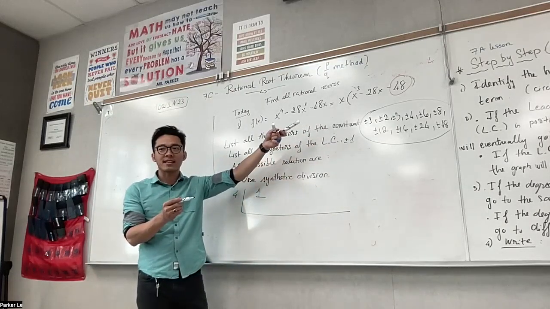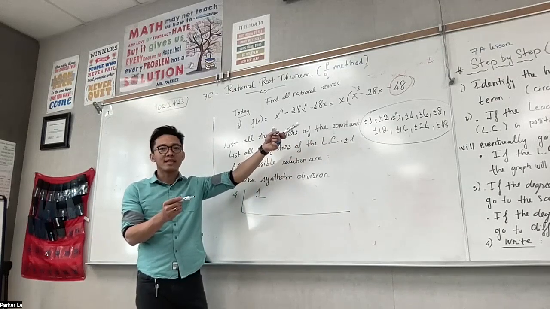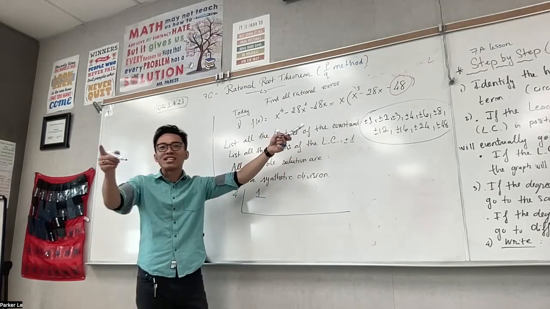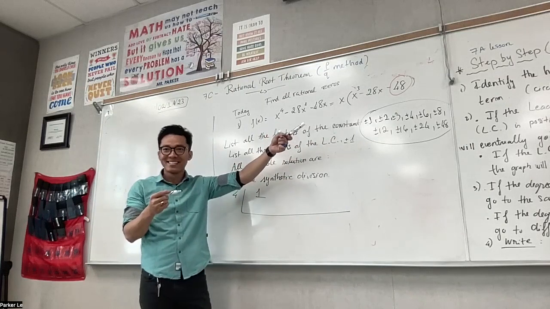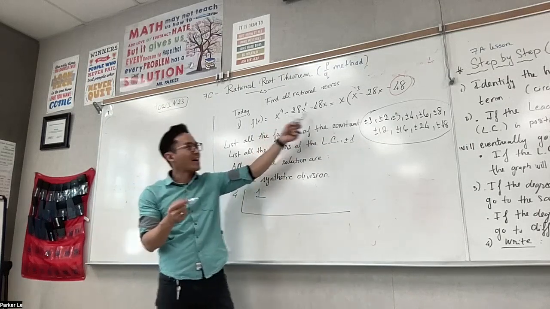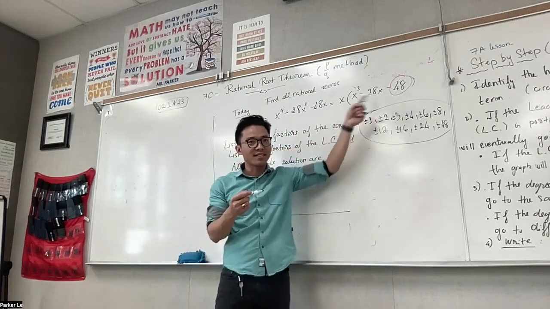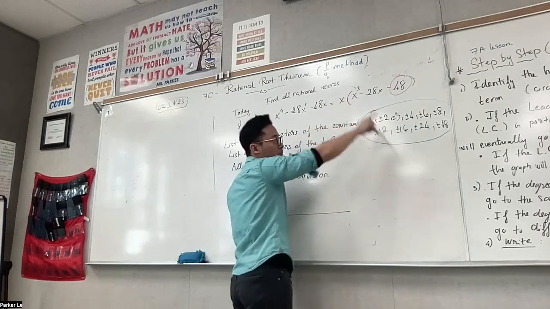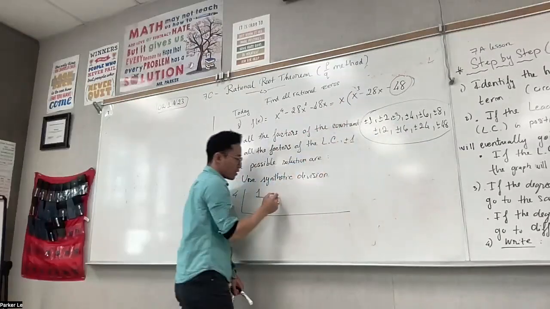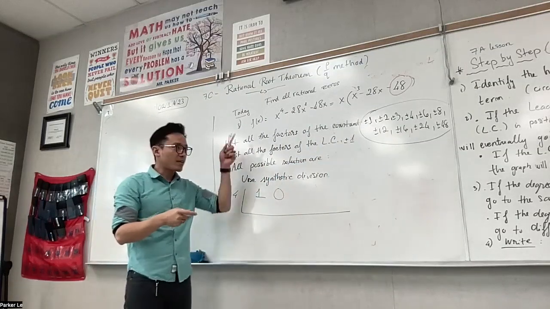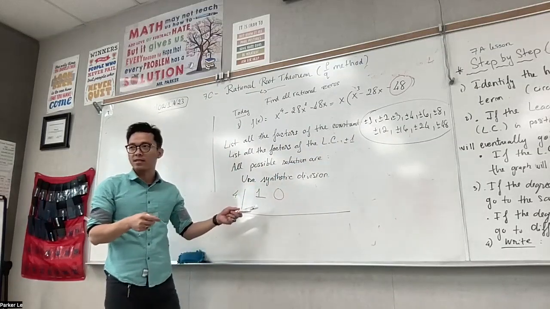What power is missing? 2. The highest power is 3. I'm looking for the next one, 2, but I don't have any x squared here. That means I need to put 0. Don't forget this. If you make a mistake, it will mostly come from the synthetic division.